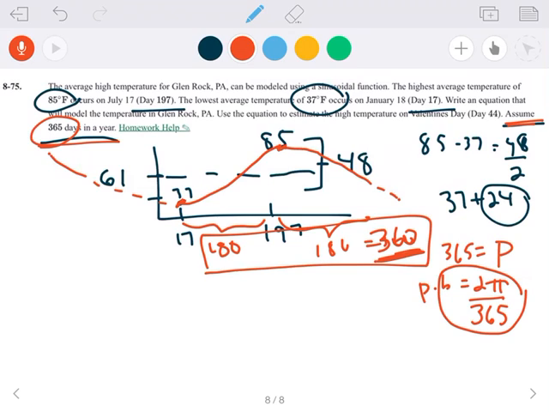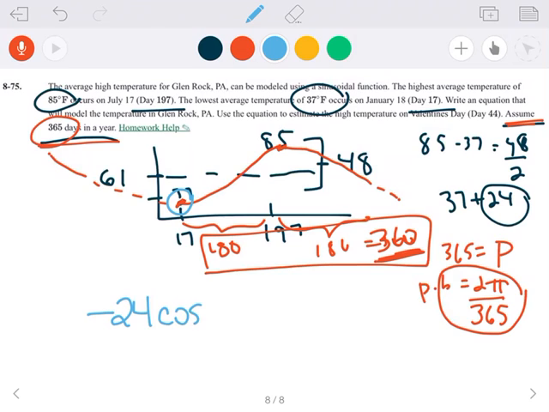The other thing about these equations is that you can write them lots of different ways. I tend to pick the first key point after 0, so I'm going to use this point here, the low point, as the start of my equation, which means that I have an upside down cosine graph. So I'm going to use a negative cosine graph, and I know my amplitude is 24.